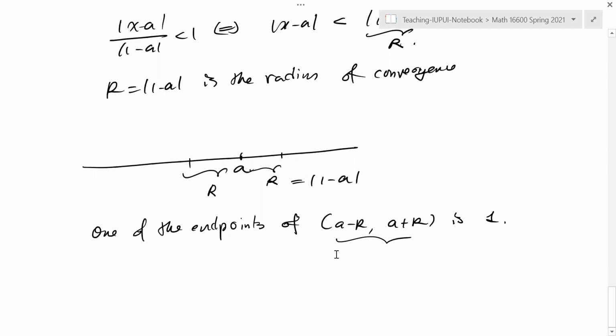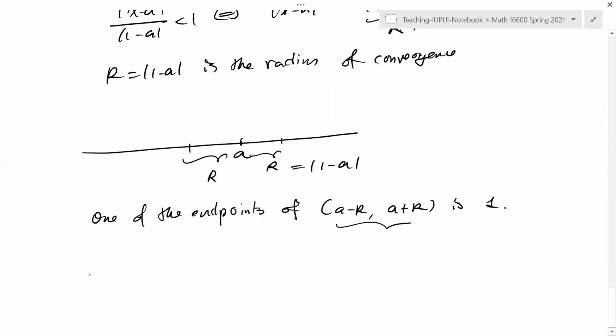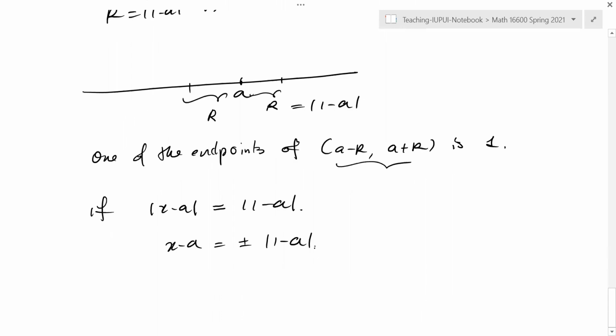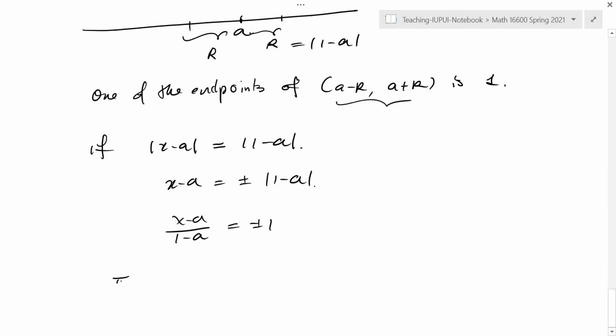How about, let's take a look at the special case. If absolute x minus a is going to be this, that means x minus a is going to be plus minus this, or x minus a over 1 minus a is going to be plus minus 1. Okay, so let's go back to this series.